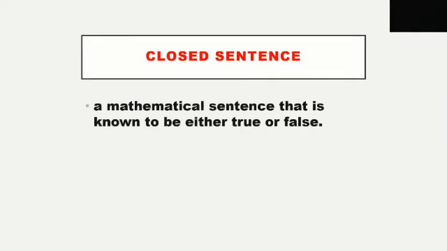Closed sentence. A mathematical sentence that is known to be either true or false. A true closed sentence example is 2 times the quantity x plus y is equal to 2x plus 2y. This is the distributive property.